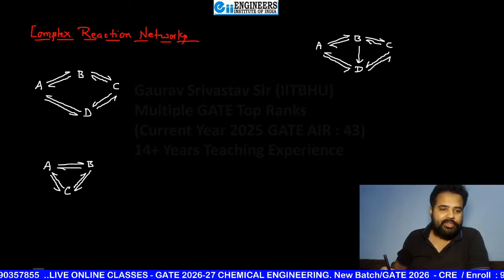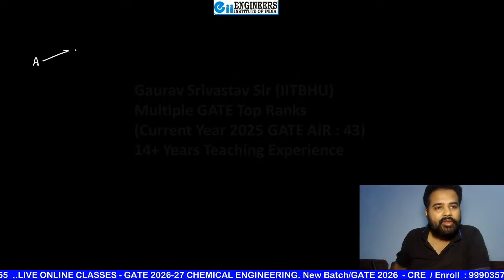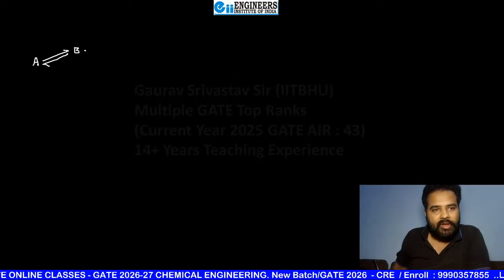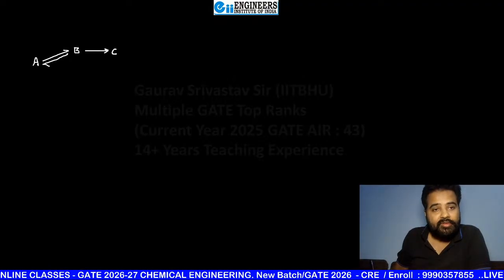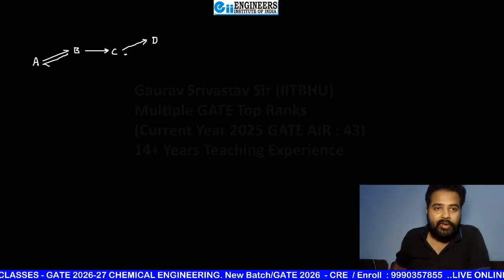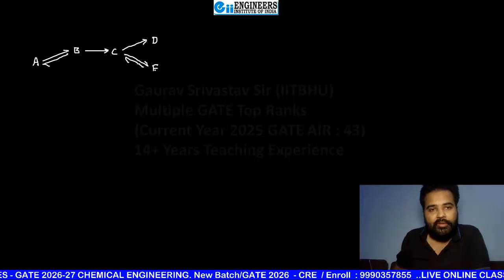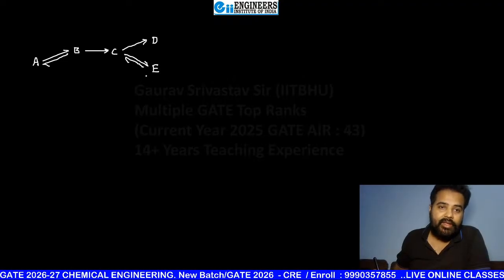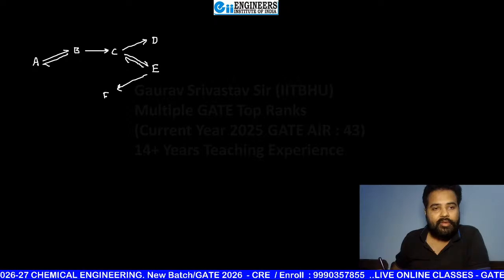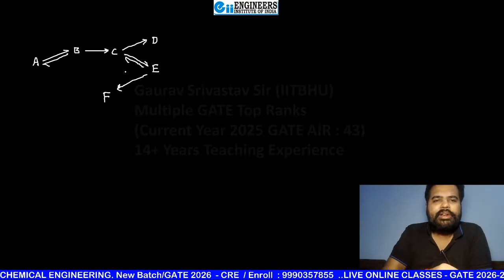Few more possibilities, like A is forming B. This is a reversible path. Then B is forming C. C is forming D. And C also forming E. Then E forming F. So many possibilities are there, beta.